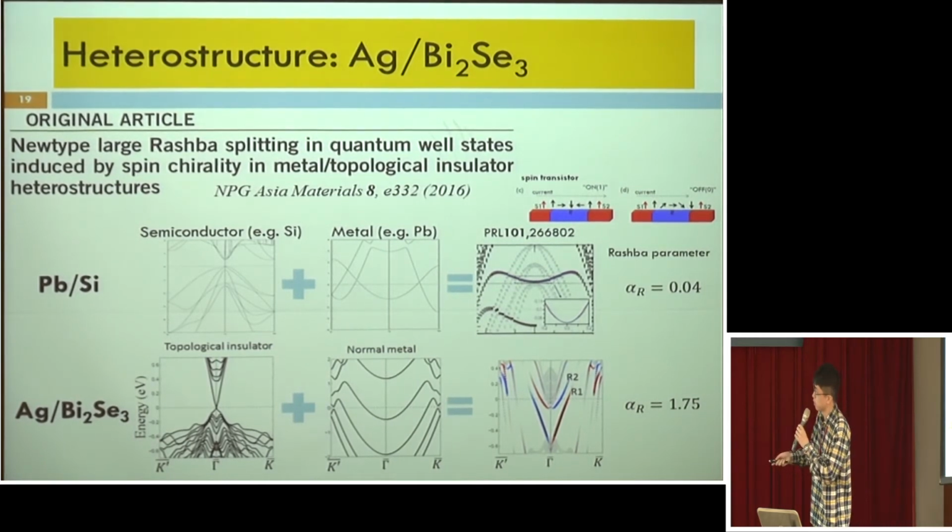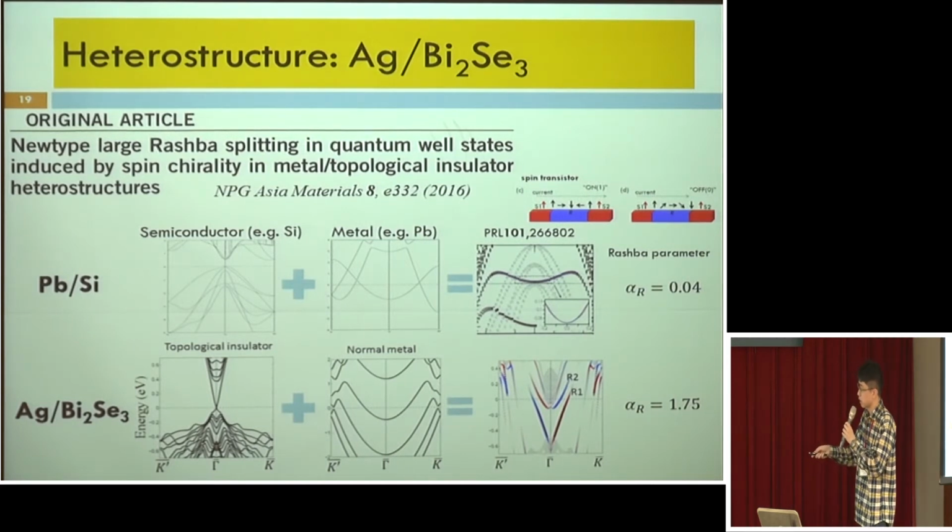One of the approaches is to put a heavy metal on a semiconductor heterostructure, using its potential gradient to induce spin-based splitting. But in this kind of system, we can see the splitting is very, very small, and the Rashba parameter is also very small.